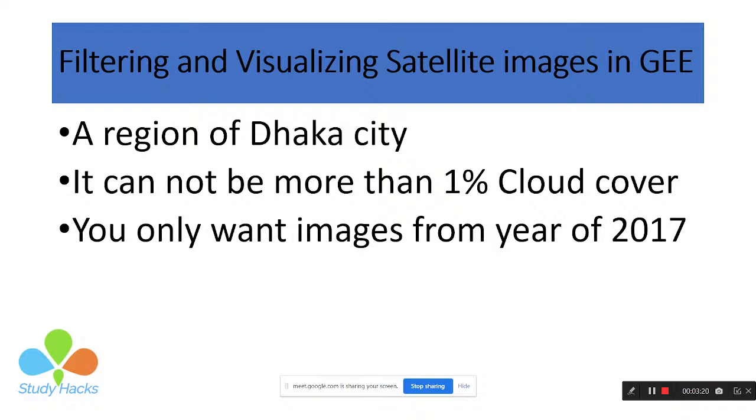And finally, you also filter your image according to your time period. Suppose I want the image for the year 2017 or 18 or 19, or the month of January or February, whatever, any time period you can filter. This time I will also show you practically how you can filter and visualize the satellite images in the Google Earth Engine platform.